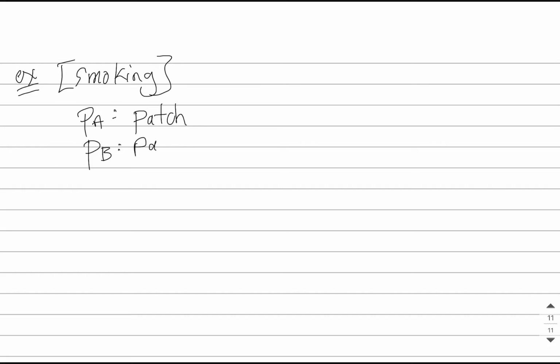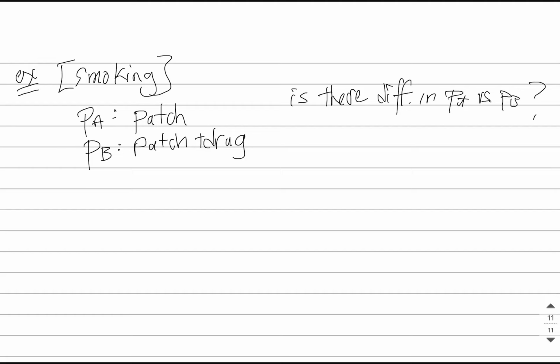And the second one will be the patch plus the drug. And so we want to compare and ask, is there a difference in PA versus PB? Now in part A, we are asked to build a 99% confidence interval.